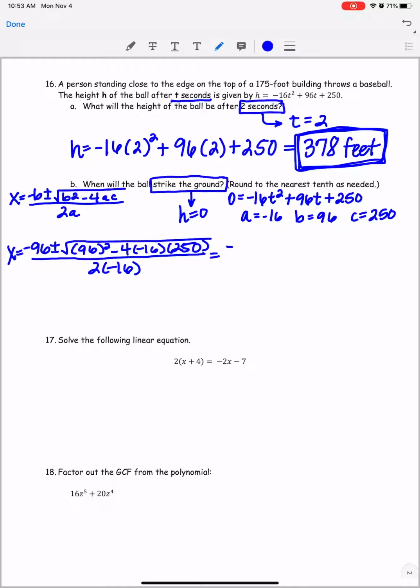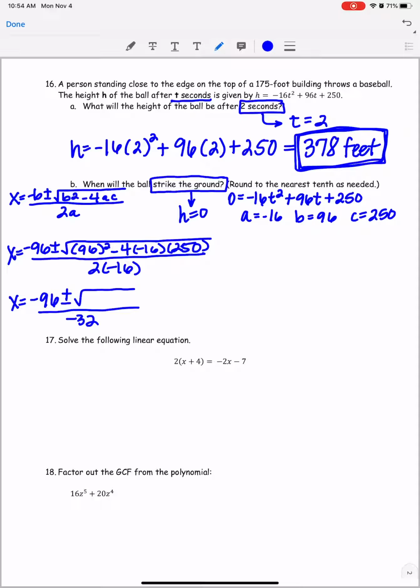So this is going to be negative 96 plus or minus the square root of some big number all over 2 times negative 16, which is negative 32.